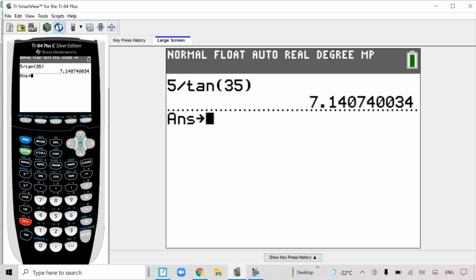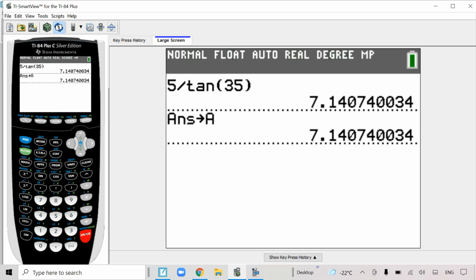I have to hit alpha to get into my alpha keys. See how that says store it in A? When I press enter, it's now stored in parameter A. So I'm good to go. I'm going to leave it there for now.